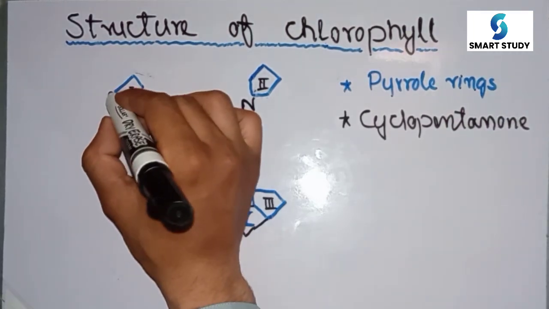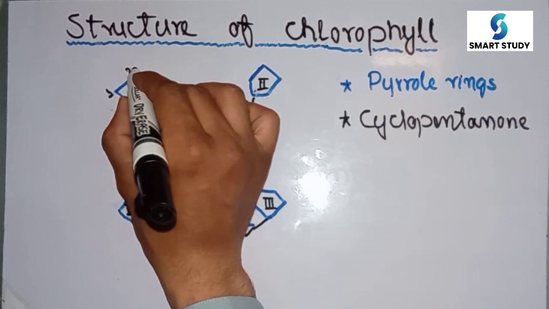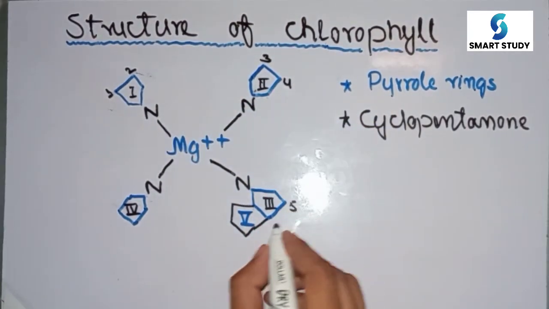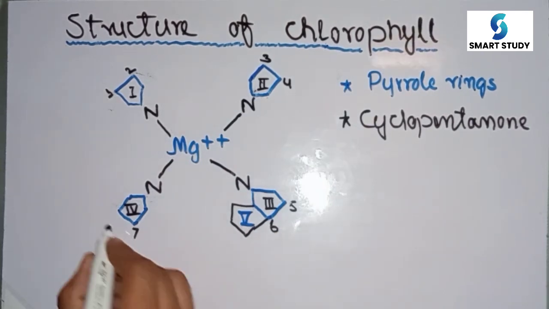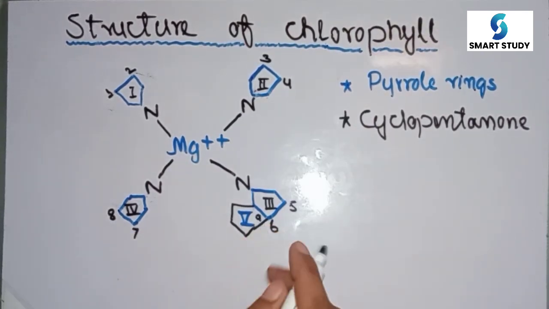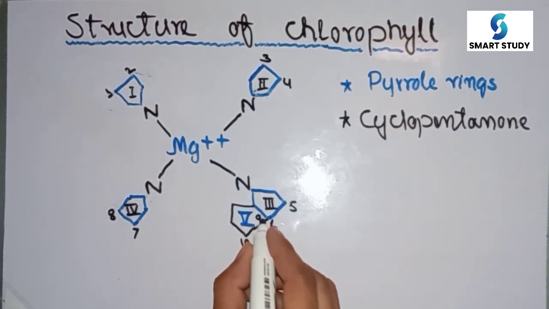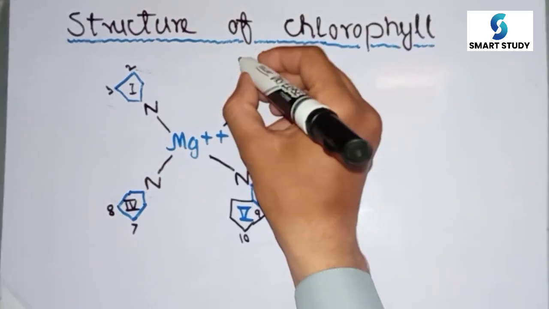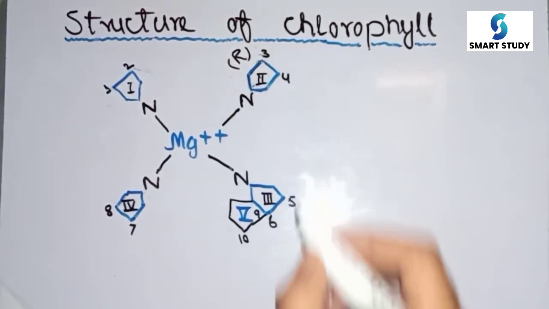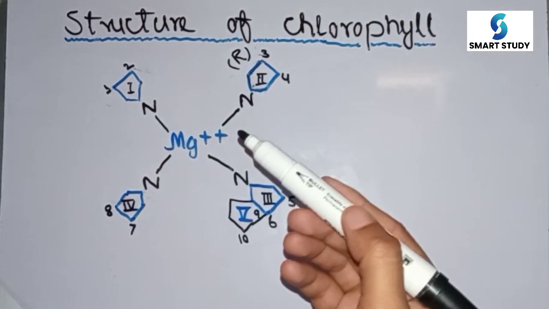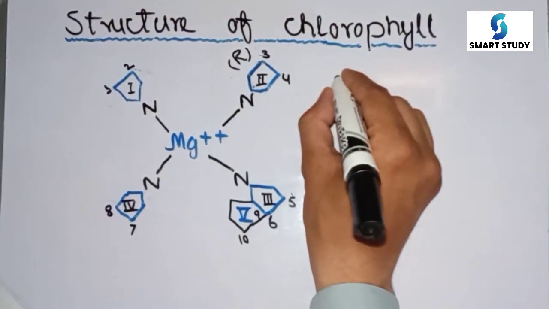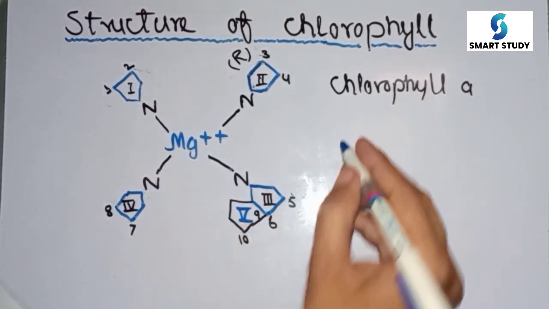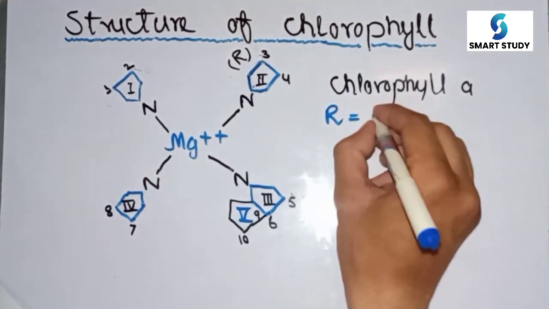Now we count the carbons. Carbon number 1 is here, carbon 2 here, this is carbon number 3 and carbon number 4, 5th carbon and 6th, 7th and 8th, the 9th carbon is here and 10th one is here. At the 3rd carbon of the 2nd pyrrole ring, this position is known as the R position because there are variable functional groups. If it's chlorophyll A, it contains a methyl group at the R position.